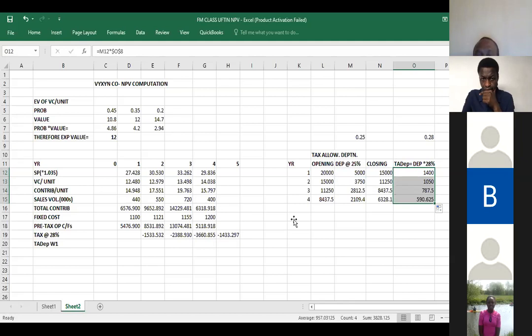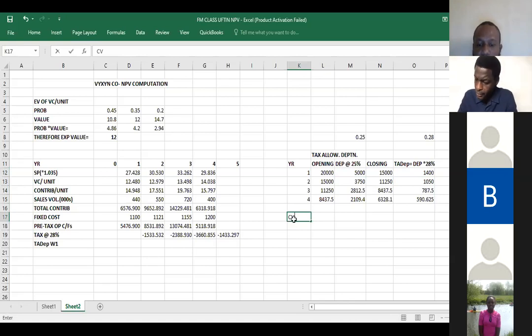So what did they say about scrap? There was no scrap. Zero, nothing. So our carrying value is greater than scrap, and scrap is nil.